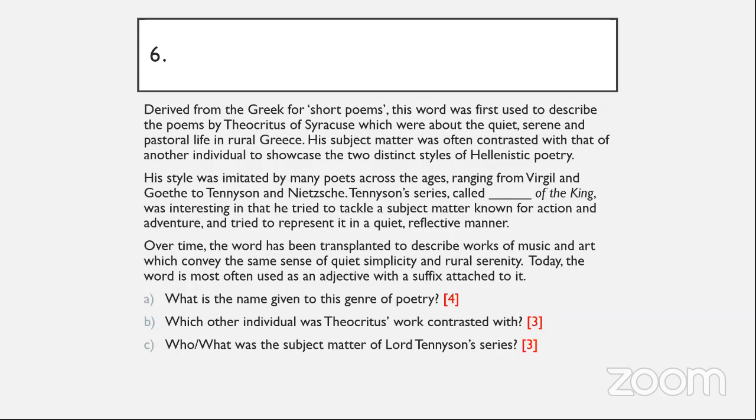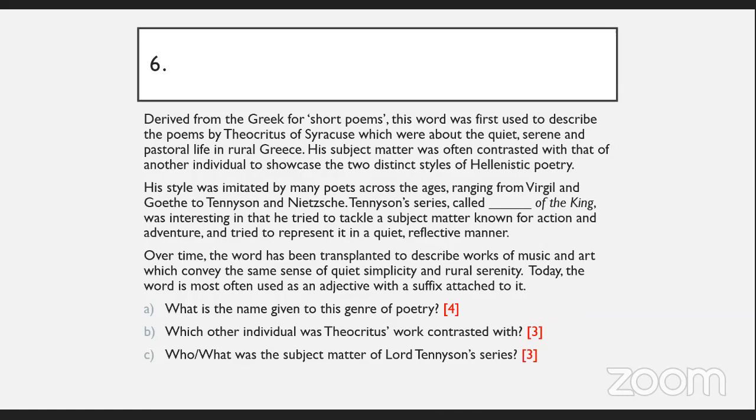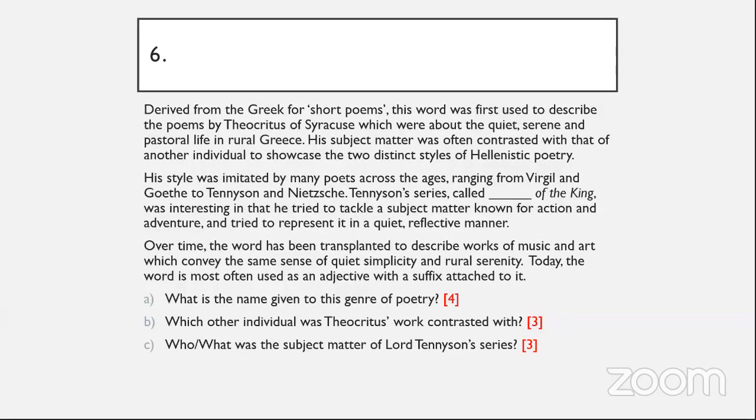Tennyson's series called "Dash of the King" (dash is the same as the above word) was interesting in that he tried to tackle a subject matter known for action and adventure and represent it in a quiet, reflective manner. Over time, the word has been transplanted to describe works of music and art which convey the same sense of quiet simplicity and rural serenity. Today, the word is most often used as an adjective with a suffix attached to it. So, what is the name given to this genre of poetry? Is part A. Which other individual was Theocritus's work contrasted with? Is part B. And part C is who or what was the subject matter of Lord Tennyson's series? Looking for 3 parts.